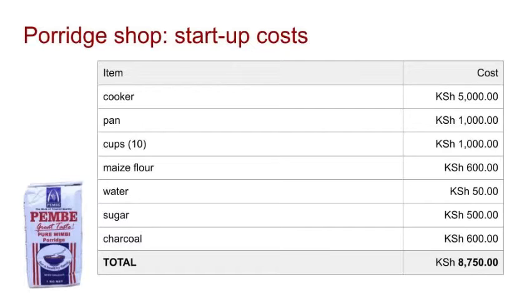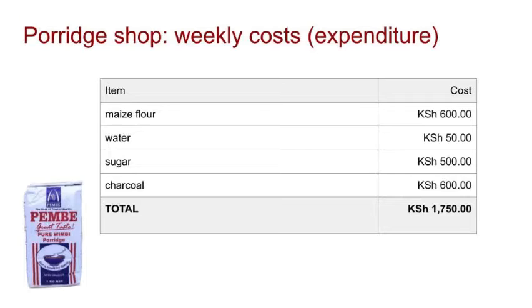Now, once we've got our business going, there are going to be some ongoing costs. There are going to be costs that we have to pay out every week, probably. And in the case of our porridge shop, these are going to be things like the items that you see on the screen now. So we're going to have to buy maize flour, we're going to have to buy water, we're going to have to buy sugar, and we're going to have to buy charcoal so that we can keep doing the cooking.